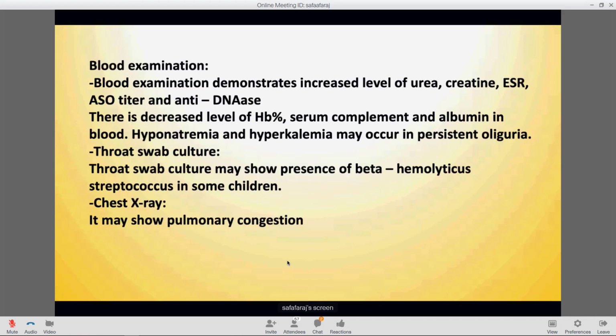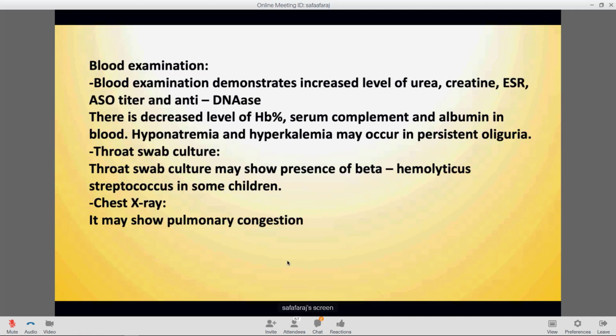Blood investigations show an increased level of blood urea, creatinine, ESR, and positive ASO titer and anti-double-strand DNA. There is a decreased level of hemoglobin, serum complement, and albumin. Serum complement means C3 and C4. And there is decreased albumin in the blood or serum.